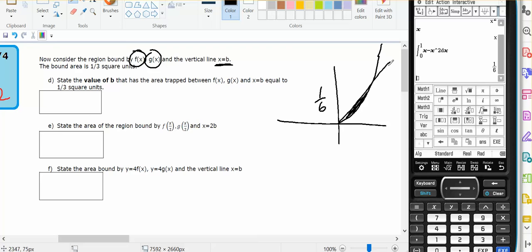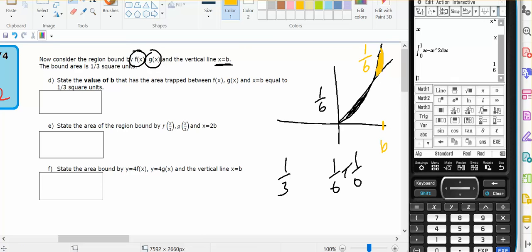Then I need to get 1/3, 1/6 plus 1/6. So I need to find the area up here, where that value of b combined gives me 1/3, so therefore that's got to be 1/6 as well.